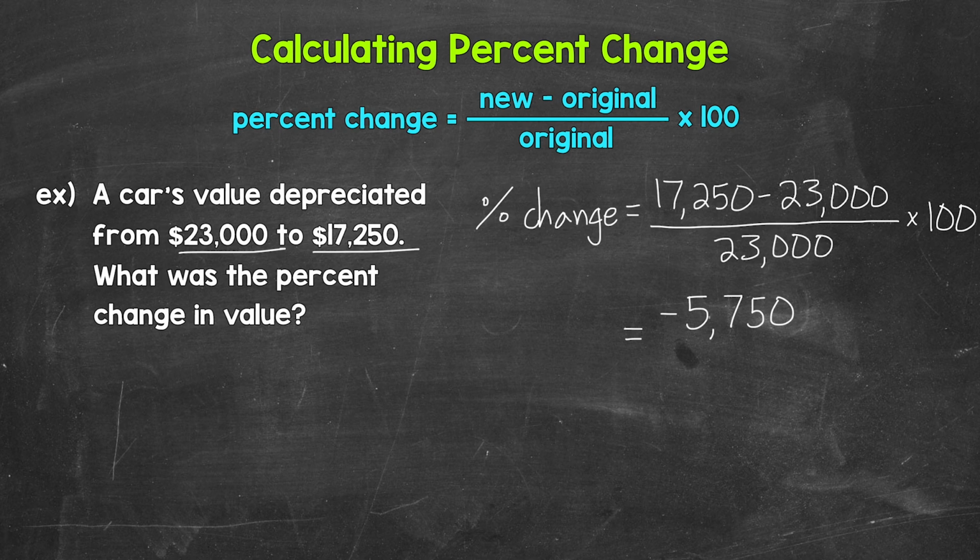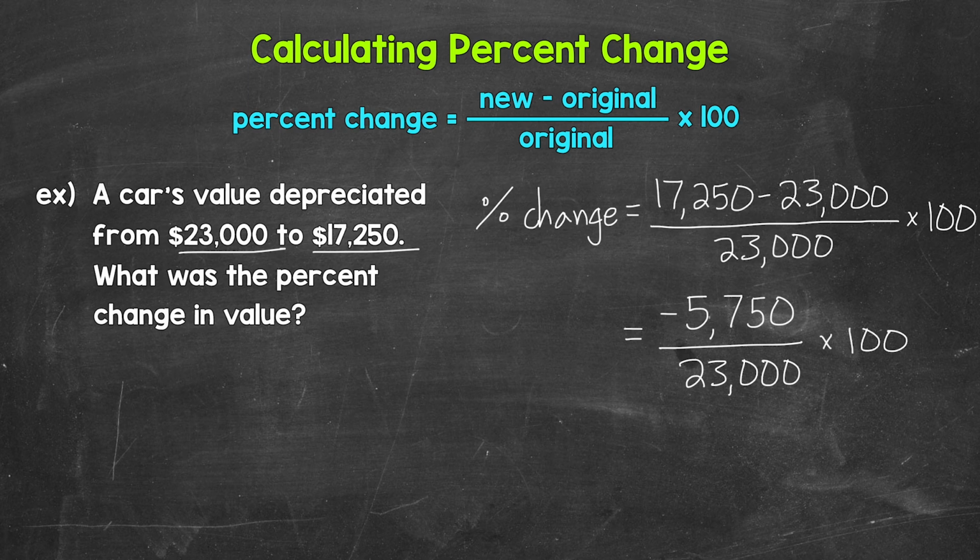The car's value went down by $5,750. Now on the other hand, if we have a positive there, that tells us we have an increase. So now we need to divide that amount of change by the original value, 23,000, and then multiply by 100.